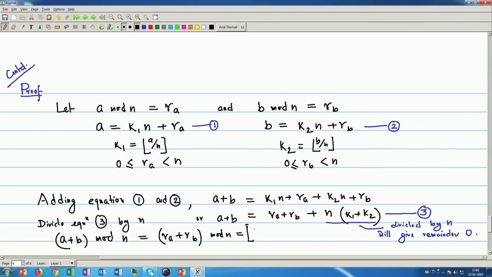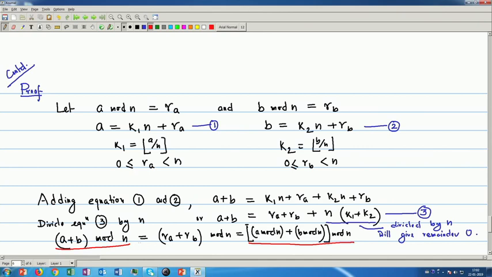So, a modulo n plus b modulo n, all mod n. So, the property 1, the addition property, is proved: a plus b mod n equals a mod n plus b mod n, mod n.